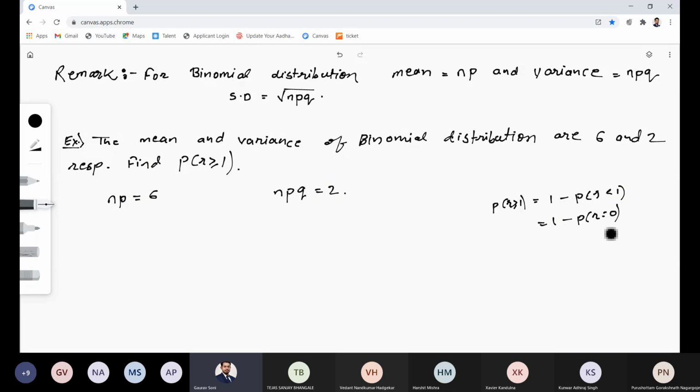So I will have to find the probability, which means N C R P raised to R Q raised to N minus R. So I'll need the value of N, the value of P and the value of Q.